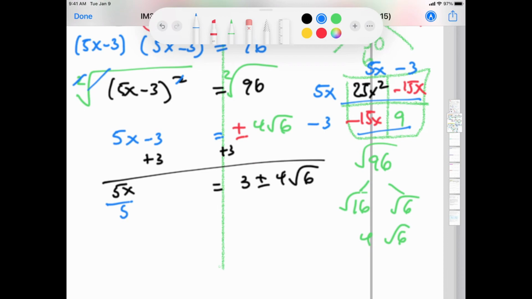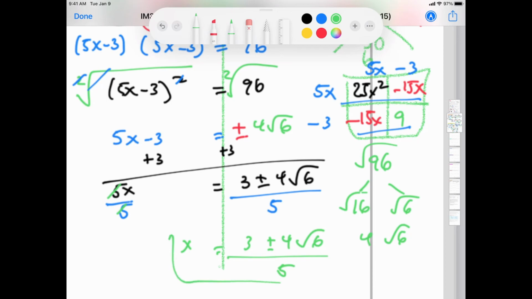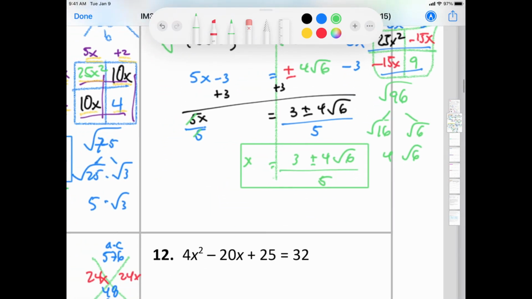The reason why, again, is they're not like terms. 3 plus or minus 4 radical 6 over 5. You would not normally write it like this, but just to make you understand, you are splitting the plus or minus, so it's really 3/5 plus or minus 4 radical 6 over 5. And that's why they're all over 5, because you have a common denominator.